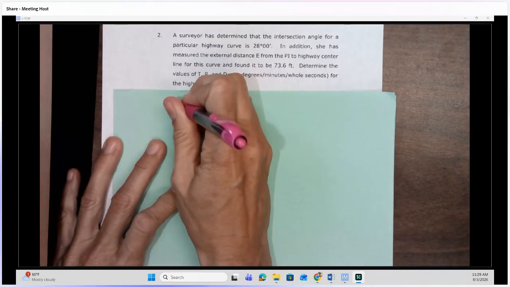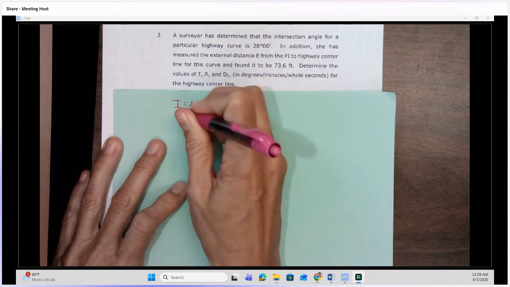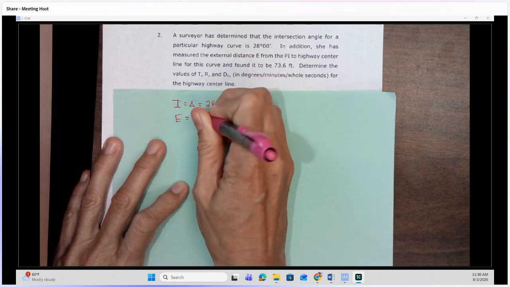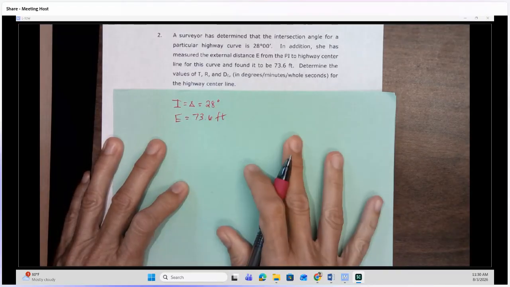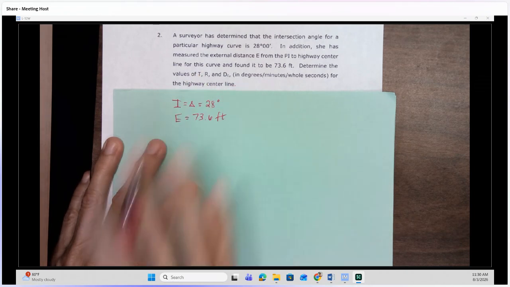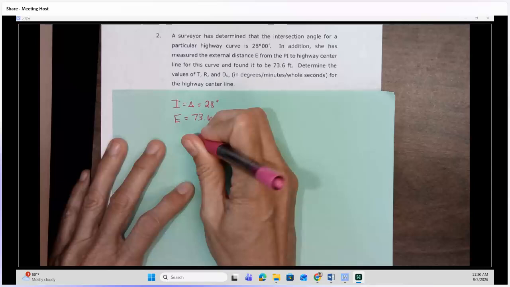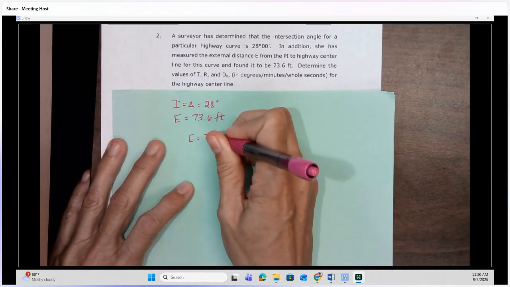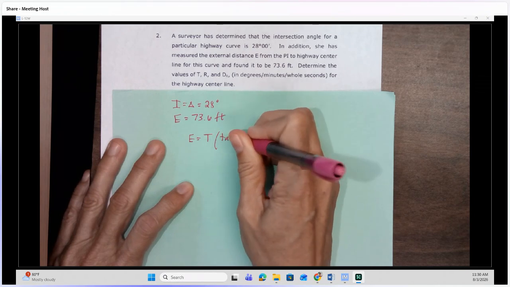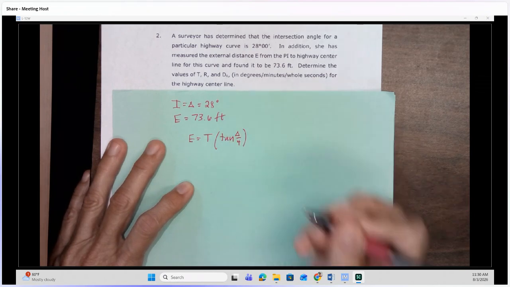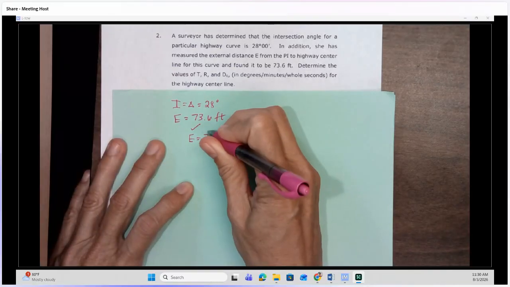So we know that the I, also known as the delta, is 28 degrees, and we know that E is 73.6 feet. So we're going to use that relationship between E and the tangent to back solve for the tangent. We know that E is equal to the tangent value times the quantity of the tangent of delta over 4. Knowing E and delta, we can back solve for the tangent.